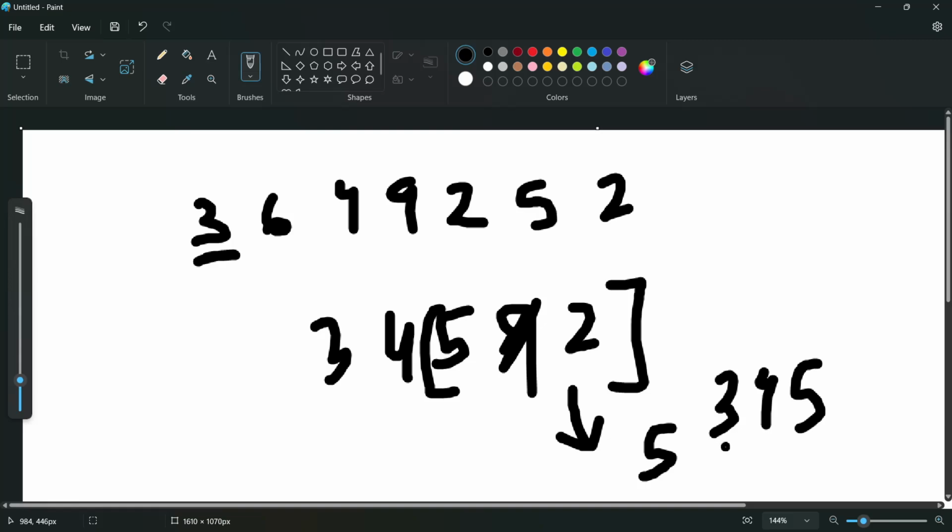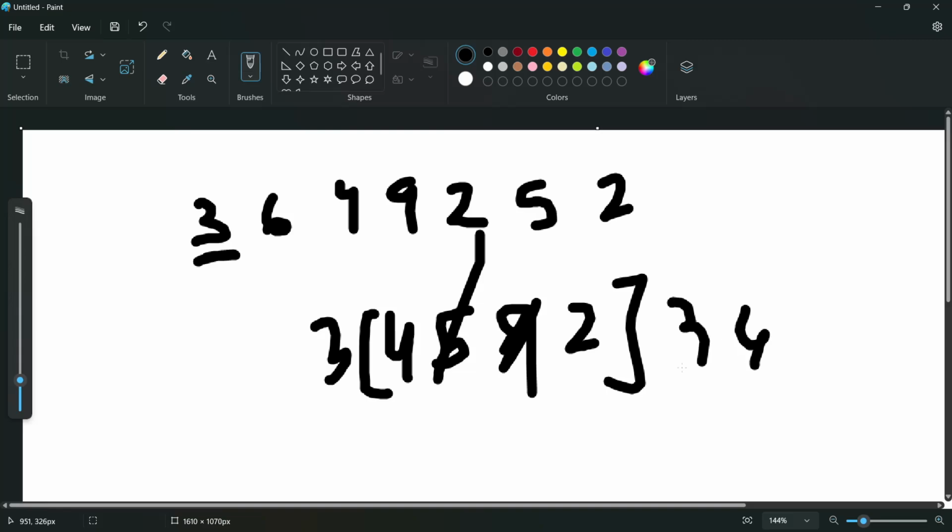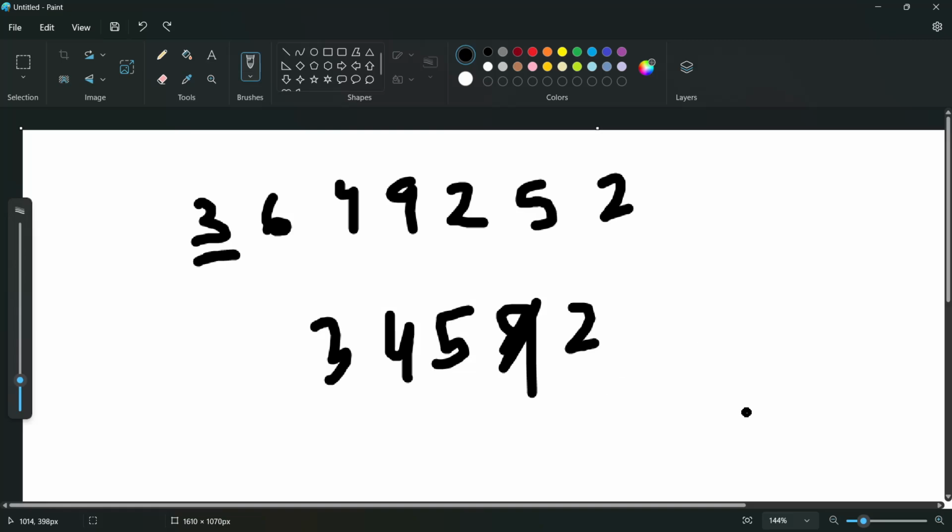And this is an increasing array, so Stalin sort can't be applied. So if you are removing an element greater than 3, we have to remove this as well. So the array is now 3, 4, 2. If we apply Stalin sort here, we get 3, 4. Again, this is increasing, so we have to remove 4 as well.